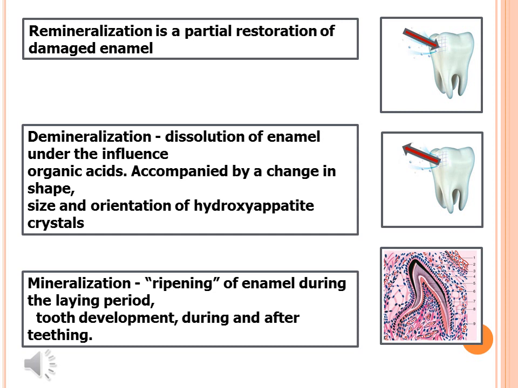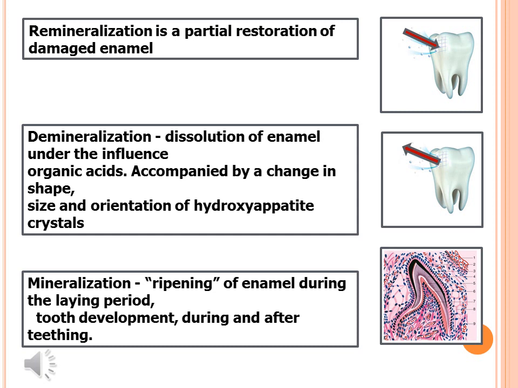Remineralization is a partial restoration of damaged enamel. Demineralization is the dissolution of enamel under the influence of organic acids, accompanied by a change in the shape, size, and orientation of hydroxyapatite crystals. Don't confuse these concepts with the process of mineralization: primary, secondary, and tertiary.